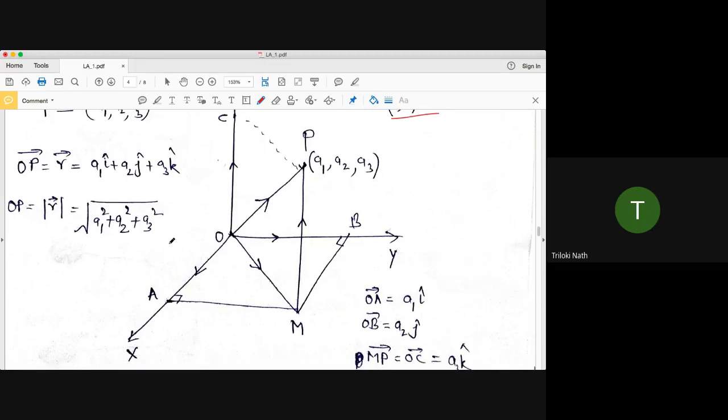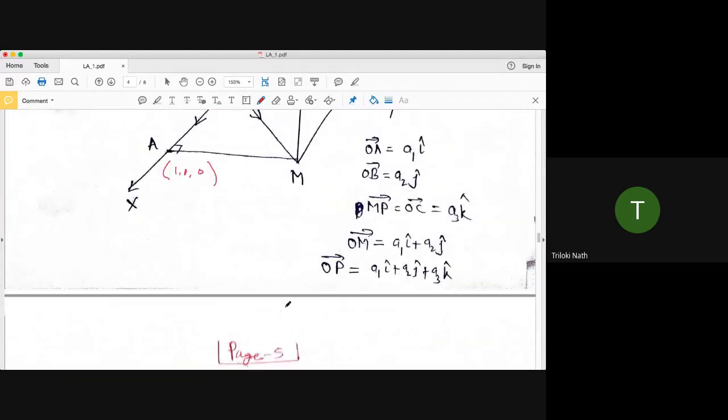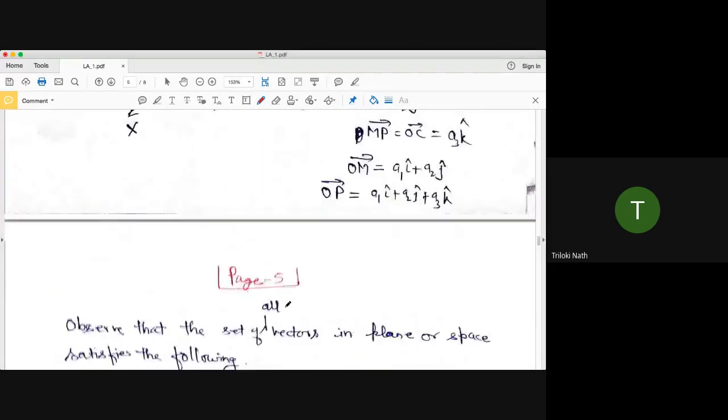And again, the same thing. The unit vector i cap here will be 1, 0, 0. Similarly, j cap will be 0, 1, 0 and k cap will be 0, 0, 1. So I'm not going into that.